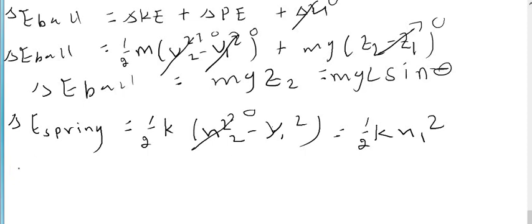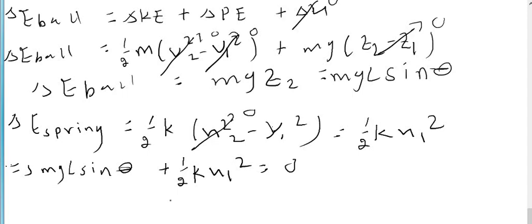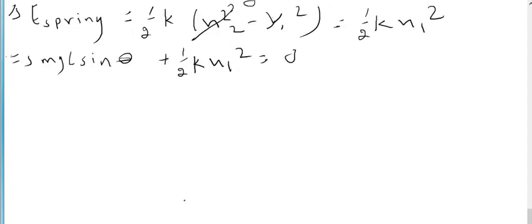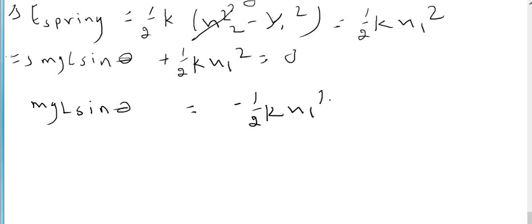So now we substitute our values. By substituting, we have dE of ball, that is mgL sine theta, plus a half K x1 square is equal to 0. Therefore, by collecting like terms, we have mgL sine theta is equal to minus a half K x1 square.